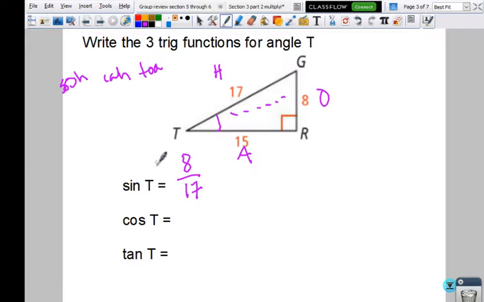Cosine is adjacent over hypotenuse, so cosine of t is the adjacent, which is 15, over the hypotenuse, which is 17. The last one, tangent, equals opposite over adjacent, so my opposite is 8 over my adjacent, which is 15.